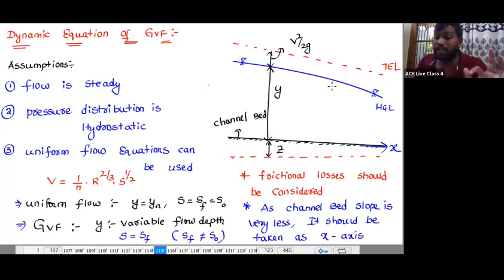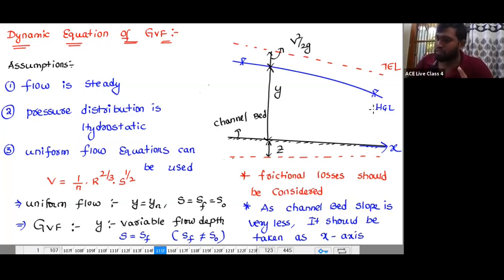So I need to know how this water surface varies with respect to depth along the length x. I want to study dy by dx, the variation of the depth of flow with respect to x.